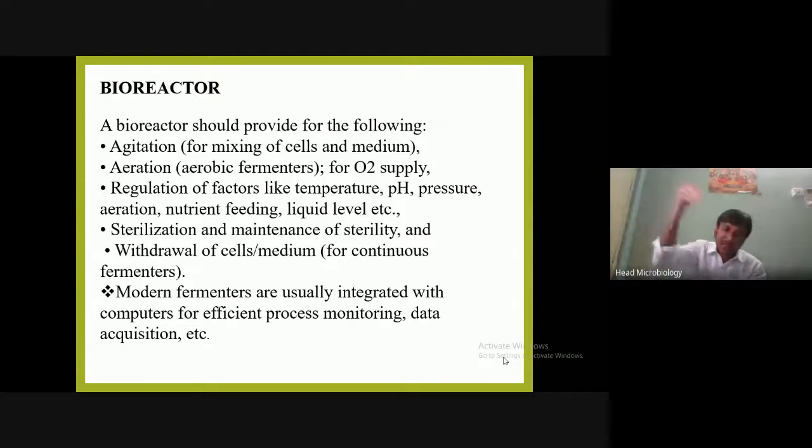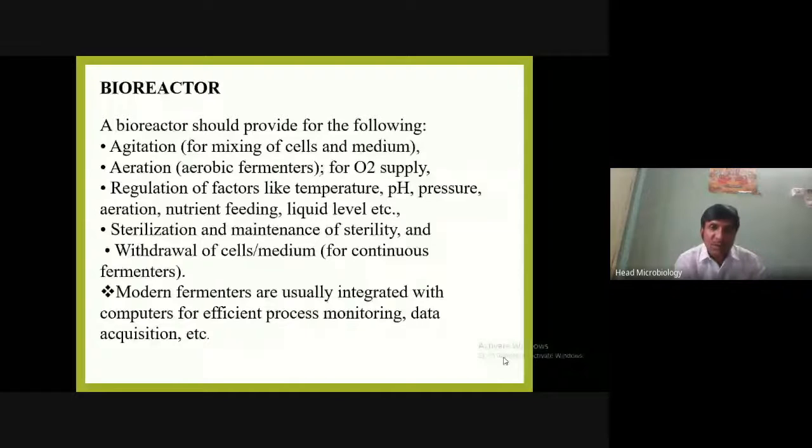Aeration is for supplying oxygen to the product. Regulation covers factors like temperature, pH, aeration, nutrient feed, and liquid levels. Sterilization is needed to maintain sterility, and there is withdrawal of final product, cells, and medium continuously from the fermenters.